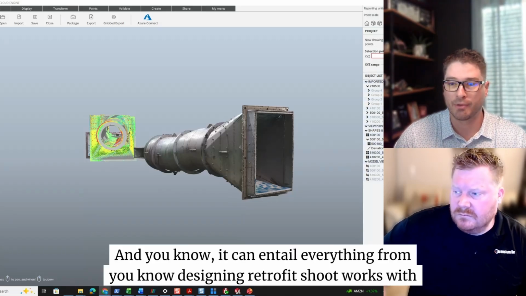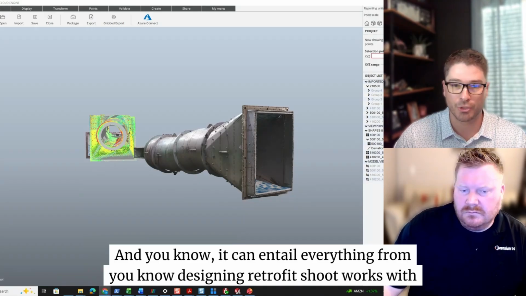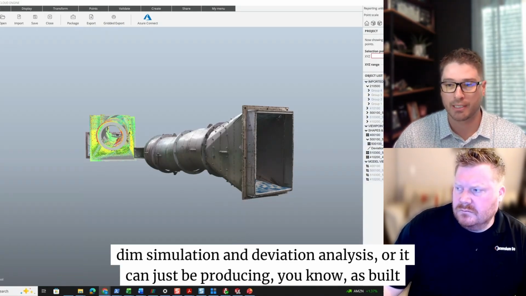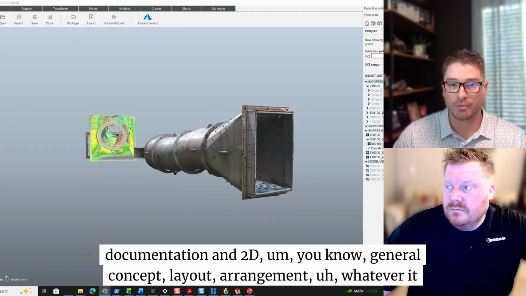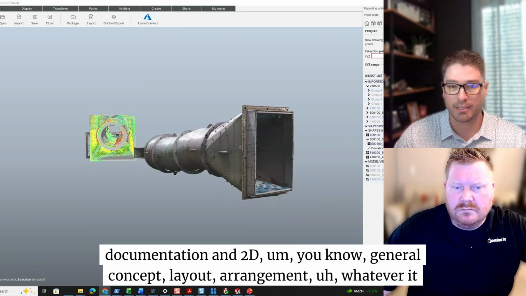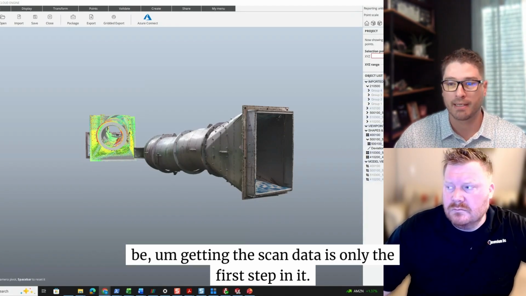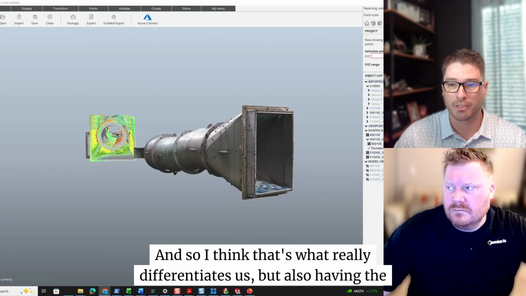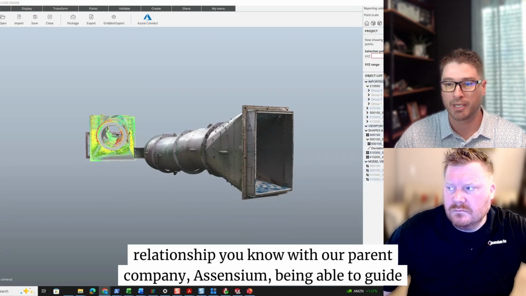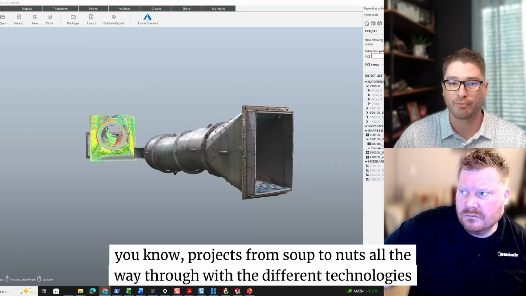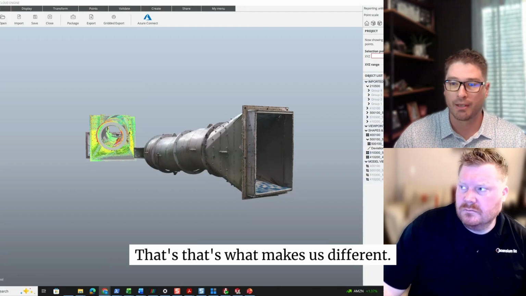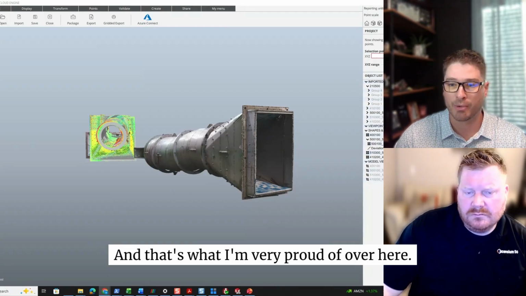It can entail everything from designing retrofit chute works with DEM simulation and deviation analysis, or it can just be producing as-built documentation, 2D general concept, layout, arrangement, whatever it may be. Getting the scan data is only the first step. So I think that's what really differentiates us, but also having the relationship with our parent company, Ascensium, being able to guide projects from soup to nuts all the way through with the different technologies and resources. That's what makes us different, and that's what I'm very proud of over here.